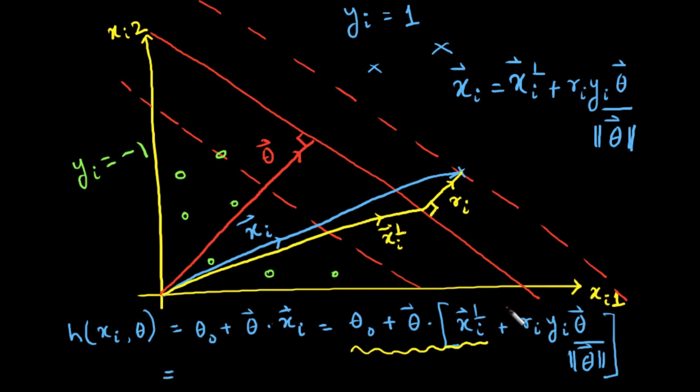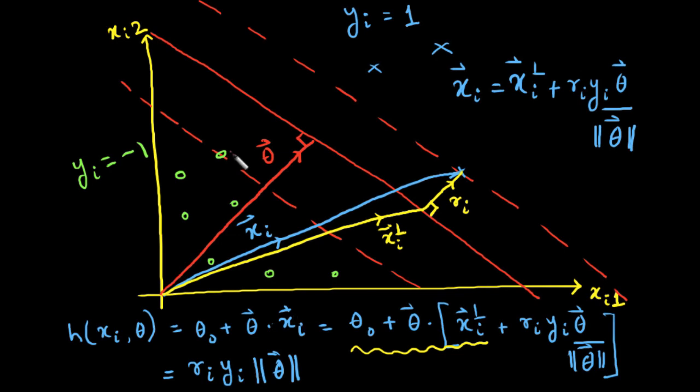Now this theta vector dot with this theta vector is norm theta whole square. You have a norm of theta over here, so these two cancel, and what remains on top is the norm of theta. So the hypothesis function becomes Ri into yi into norm of theta vector.